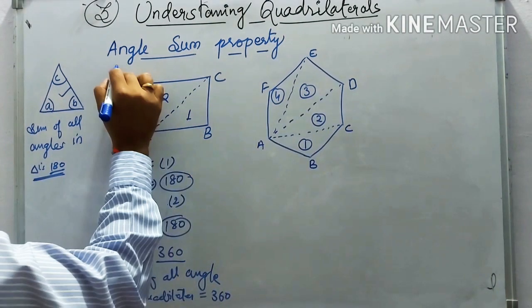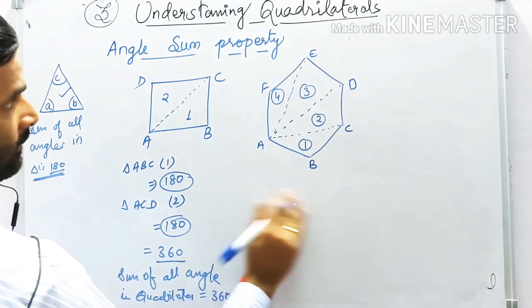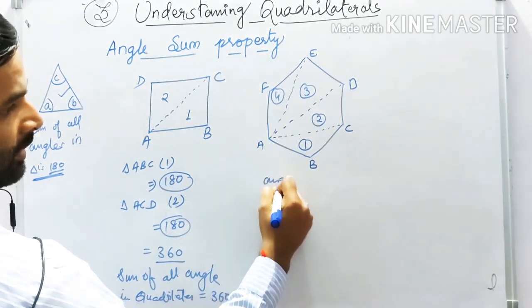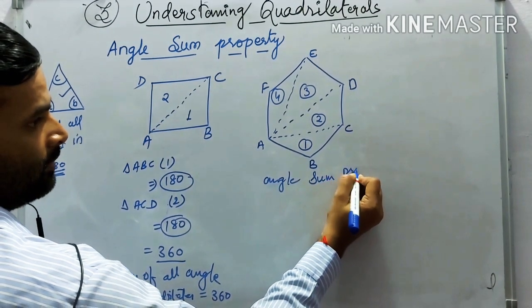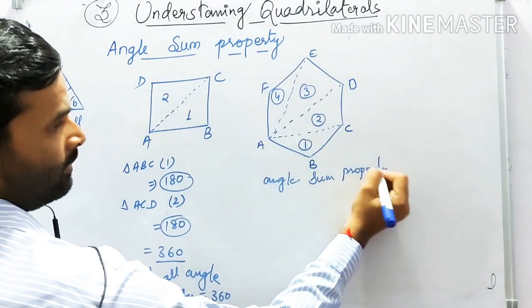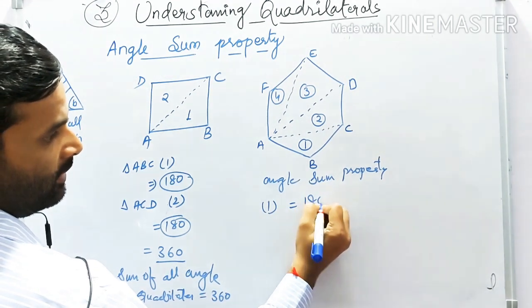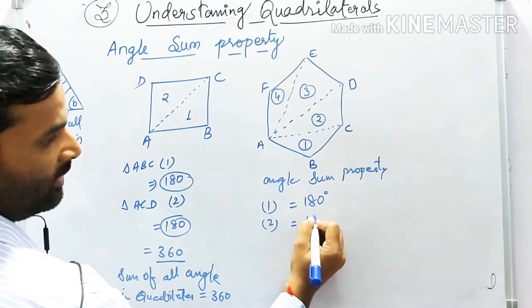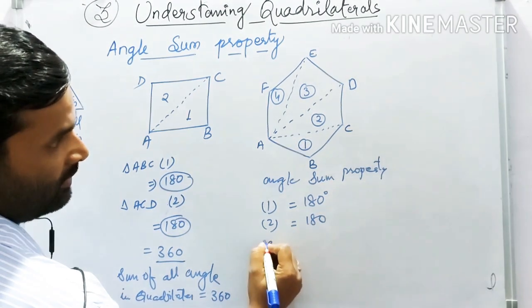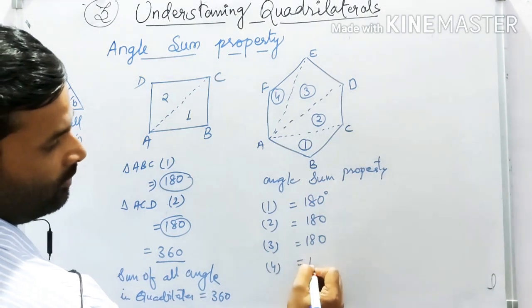Okay, using the angle sum property, in triangle 1 the sum is 180, triangle 2 is 180, triangle 3 is also 180 and triangle 4 is 180.